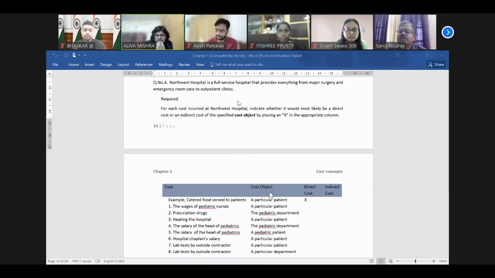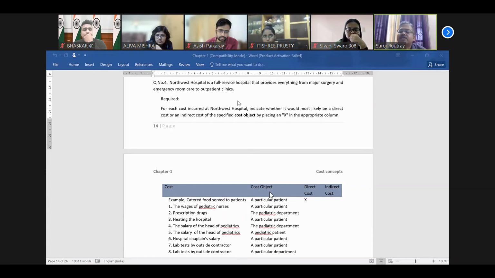Sir, but the prescription drugs can be of different medicines that cannot be related only to pediatric, right? So then why are we taking prescription drugs to be a direct cost? Because pediatric is a different department. What is our cost object? The cost object is that I have to find out how much cost is incurred in the pediatric department. Now prescription drugs means they are prescribed to a patient, right?